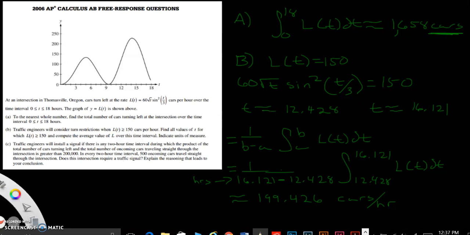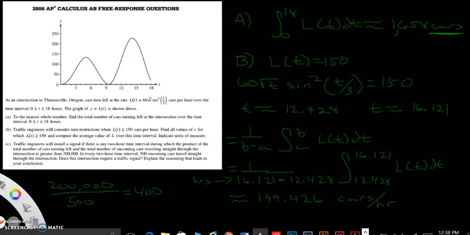Does this intersection require a traffic signal? Explain the reasoning that leads to your conclusion. Okay, so we have 200,000 cars. We have to divide by the 500, and we get 400. So wherever it's greater than 400, that's where it's going to be over 200,000.